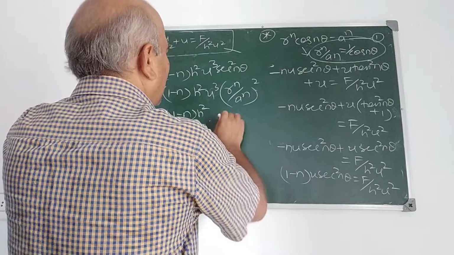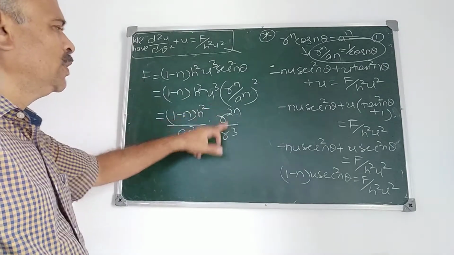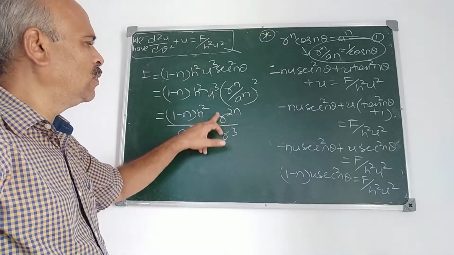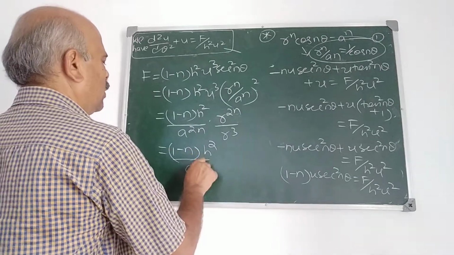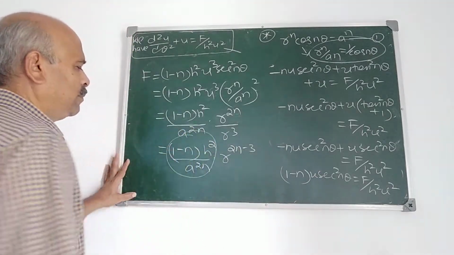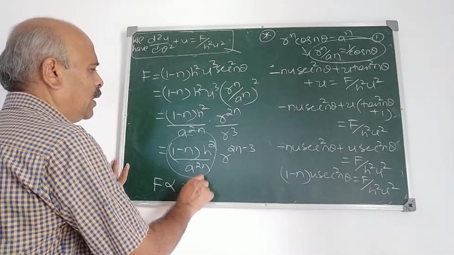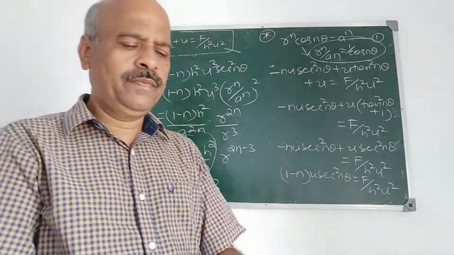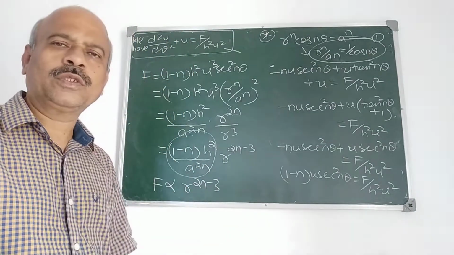Or I write r raised to 2n upon r cube, because u cube is 1 upon r cube. Final step is we use u is equal to 1 upon r. Therefore 1 minus n h square a raised to 2n into r raised to 2n minus 3. Now this is constant. H is constant, n constant, a constant. So f is proportional to r raised to 2n minus 3. This is the law of force.